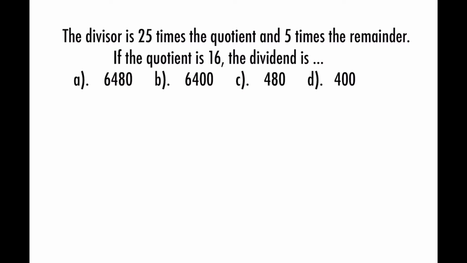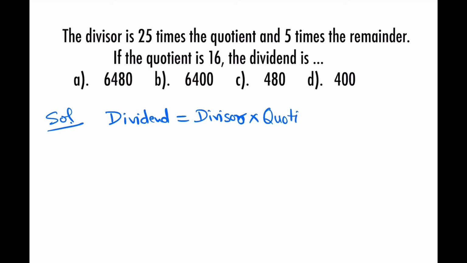For solving this, we know that there is a formula: dividend equals divisor into quotient plus remainder.